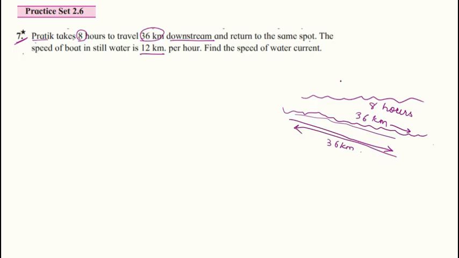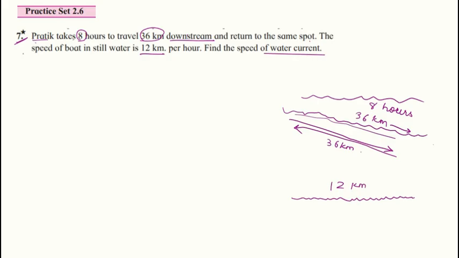The speed of boat in still water is 12 kilometer per hour. What is still water? It means the water is not flowing downwards or upwards. When the water is still, the speed of the boat is 12 kilometer per hour. Find the speed of water current.